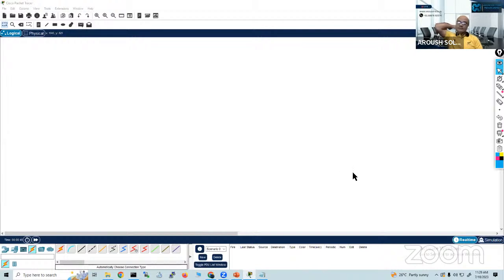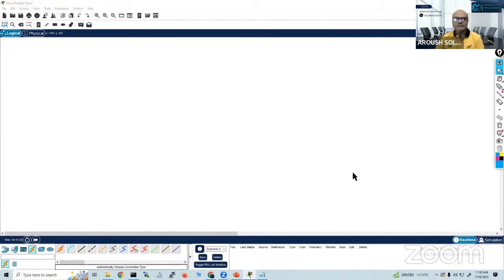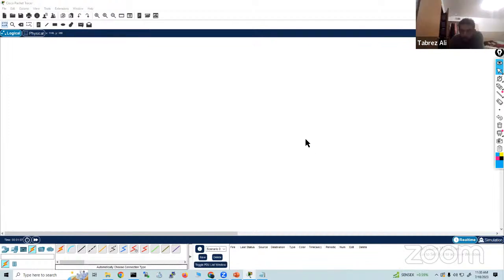Especially the text file: Tabrez, Hafiz and Lakshman, please try to open this text file, because last week also it was not opening. I don't know why. Please open from your side. I have sent one lab file, a PKT file, and a text file. So open both files. Open the text file first.